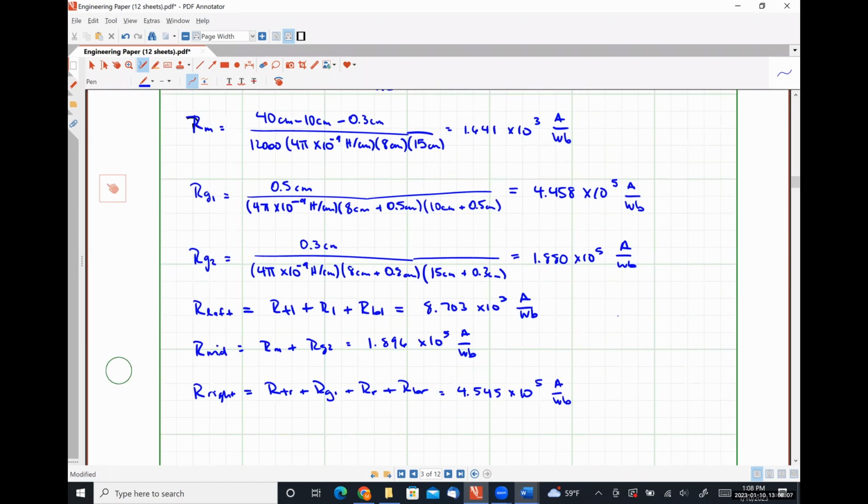All right, so let's check this again. 4.545 times 10 to the 5 plus 1.896 times 10 to the 5 times 8.703 times 10 to the 3, over 1.896 times 10 to the 5 plus 8.703 times 10 to the 3.